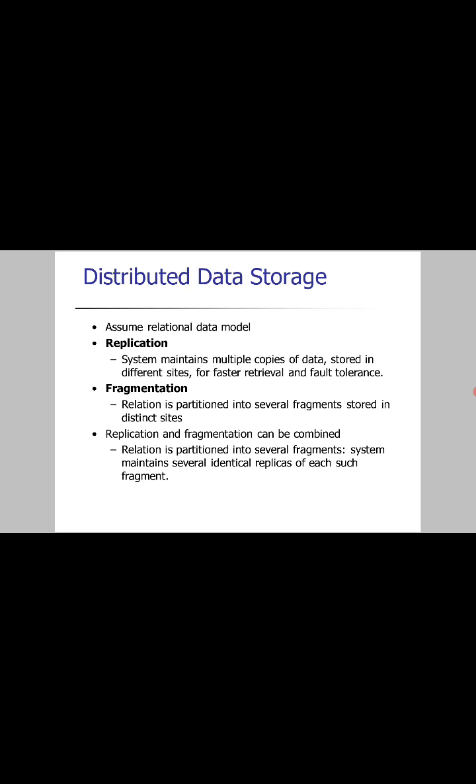So what is replication? Generally in distributed databases, two main concepts are used: replication of the database and fragmentation of the database. Replication means repetition. Multiple copies of the same database or data can be stored and used at multiple sites for faster retrieval and fault tolerance.